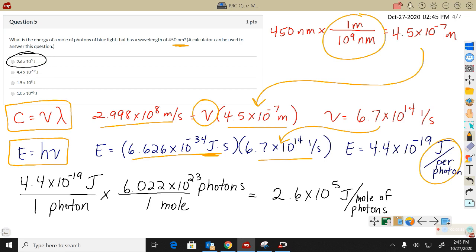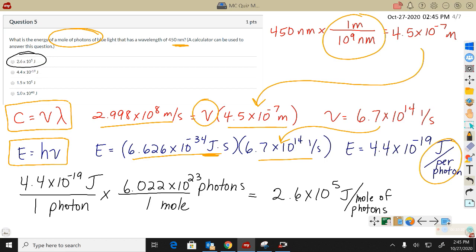Now it's rude, but of course that's one of the choices. So if you picked 4.4 times 10 to the negative 19th, oh, you were so close. You didn't do anything wrong. We just missed the last part. I want to know the energy of a mole of photons of blue light. Oh, dang. Okay, so now we have to do one more little switch.